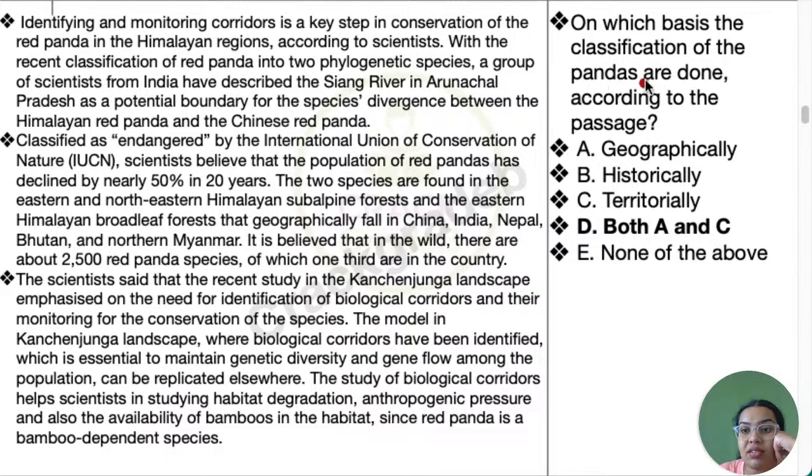On which basis is the classification of the pandas done? So let's see what the passage says. Identifying monitoring corridors is a key step in conservation, with the classification of red panda into two phylogenetic species. A group of scientists have described them in a way.